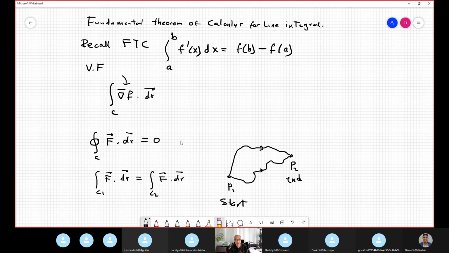Therefore, the fundamental theorem of calculus says, wow, it is conservative because it comes from the vector field. Well, the only thing you should do is evaluate the potential function at the end point, minus the start point.